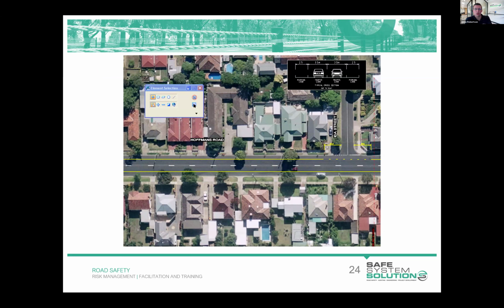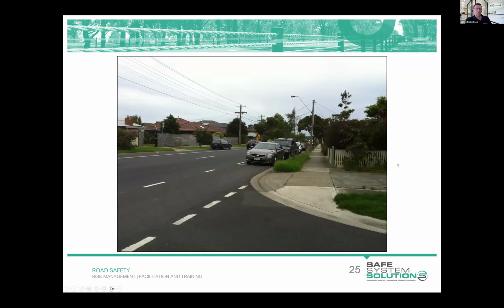The decision was made to formalise parking along this road, and you can see the yellow lines indicating parking lanes. Those parking lanes would terminate 10 metres from intersections as per Australian standards. So this project was implemented, and that's how it looks.